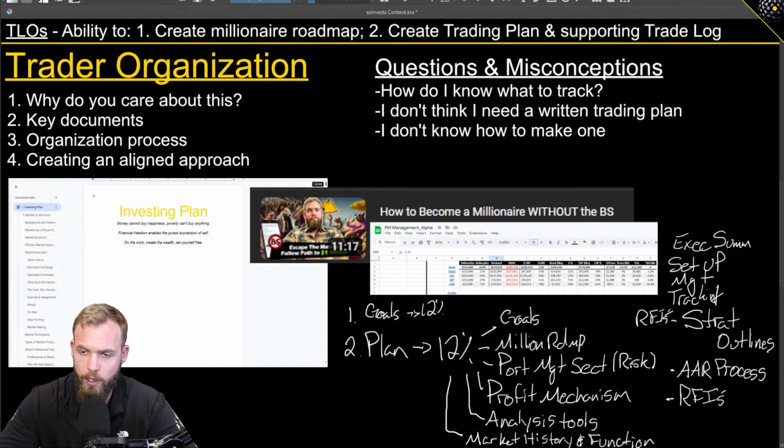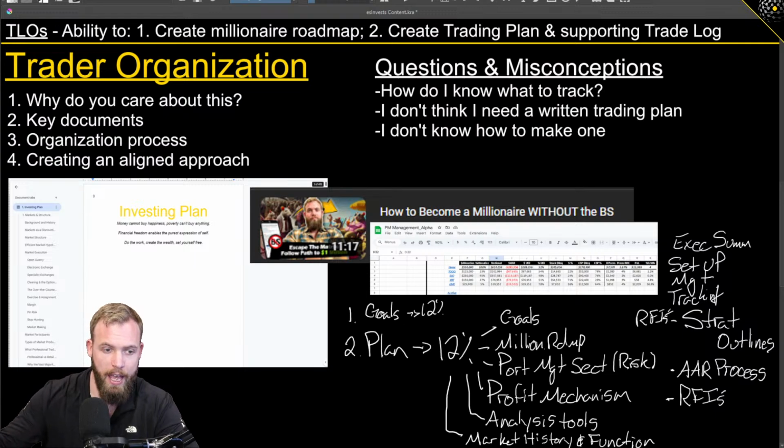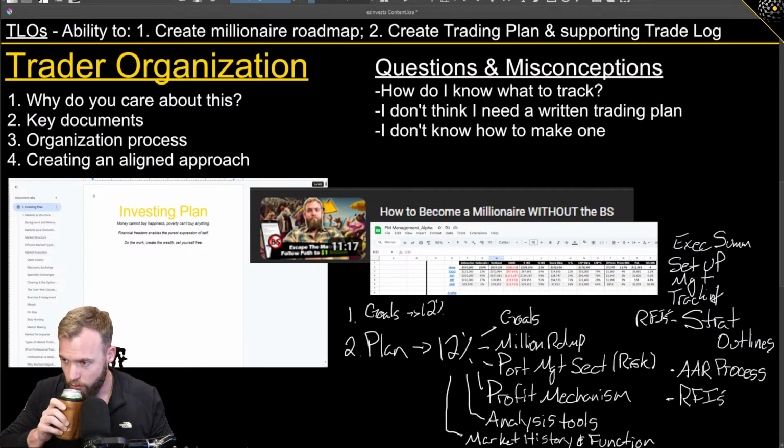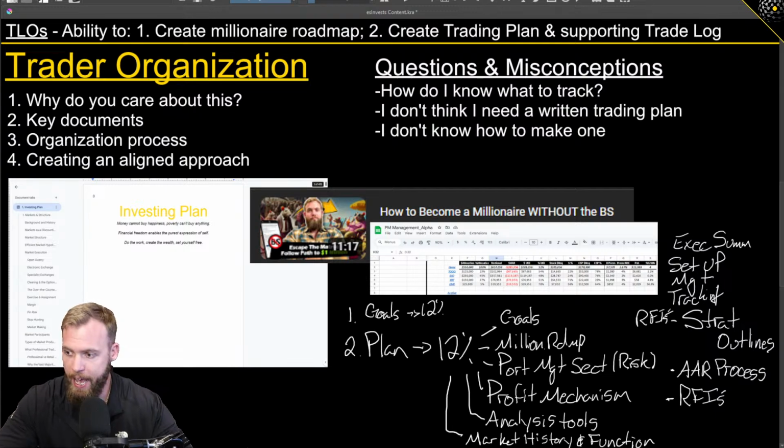How are we doing so far? These are the elements, literally, of a trading plan. We can look at how to build this together.